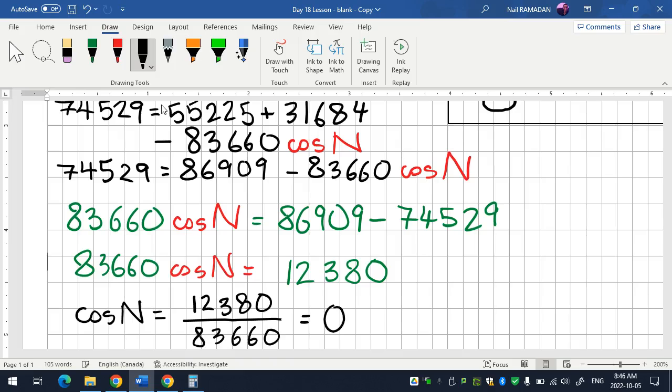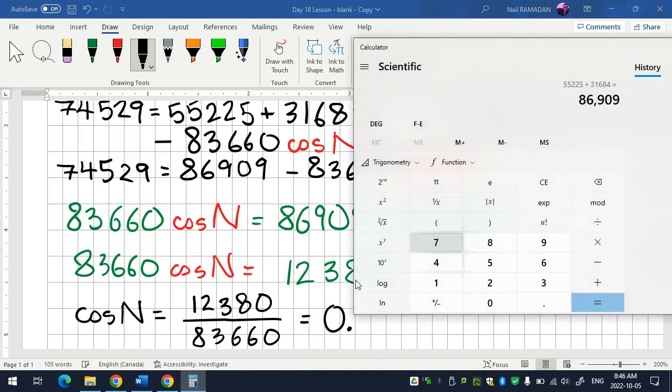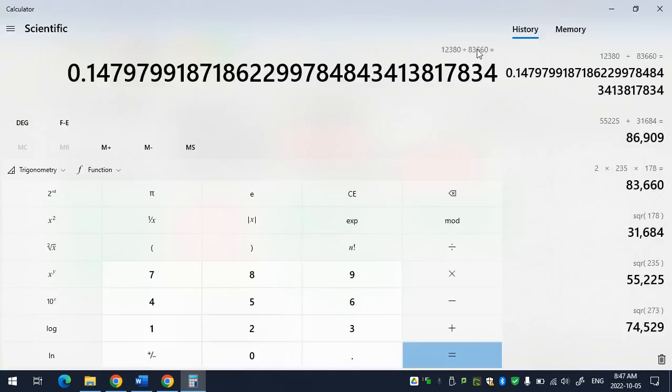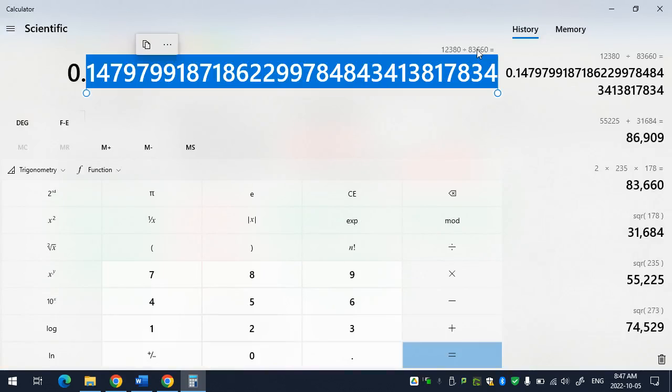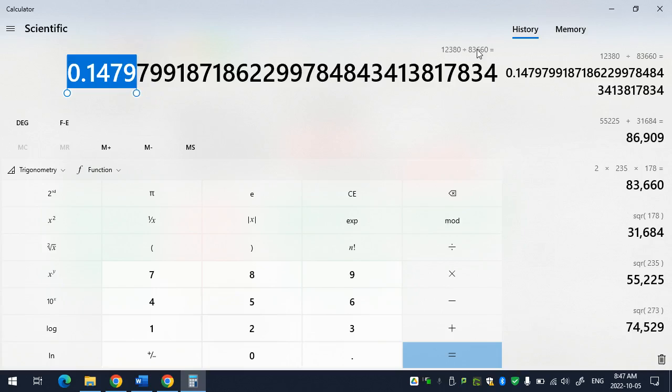Well, that's a 4-digit decimal as we're used to it. 12380 divided by 83660. What do we have here? 0.147. Oh, there's a problem here. We have to round up, but we have a 9.